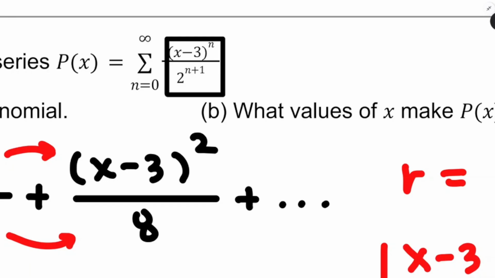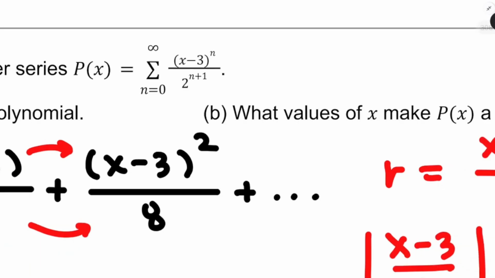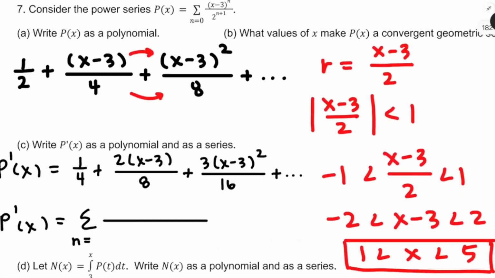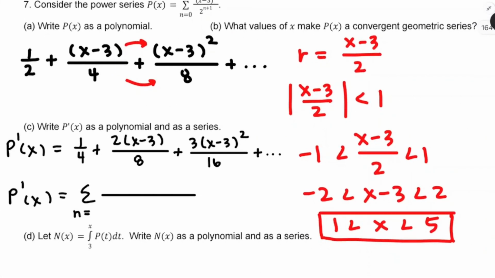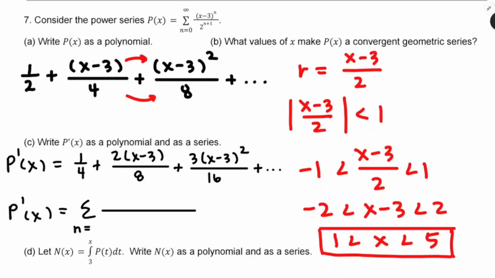It'd be really important that we think about taking the derivative with respect to x, not n, because that 2 to the n plus 1 is a constant, right? I could see people wanting to take the derivative of that, saying 2 to the n plus 1 times log 2 or something. But what we're going to do is take the derivative right here: n times (x minus 3) to the n minus 1 divided by 2 to the n plus 1.